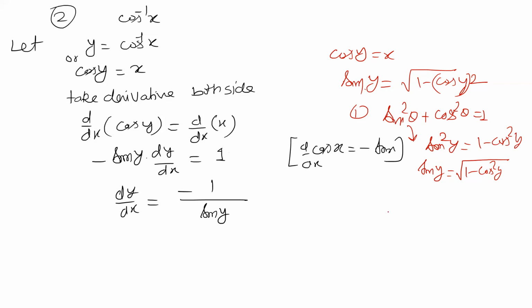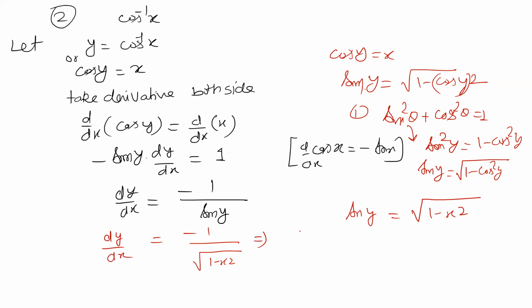We know the value of cos y in terms of x is x. Then you get sin y is equal to under root 1 minus x square. Substitute this value, then you will get minus 1 by under root 1 minus x square. Okay, so this is the dy by dx answer.